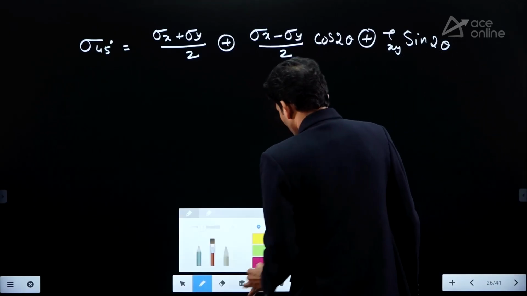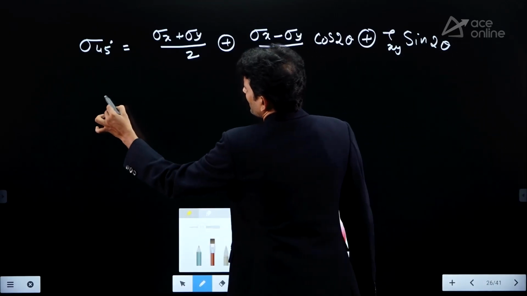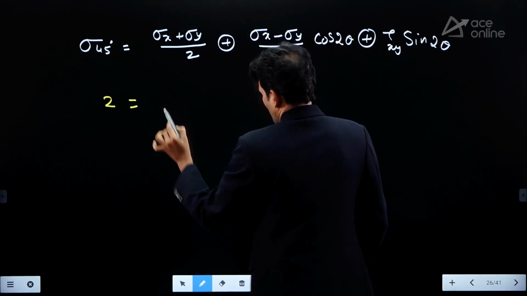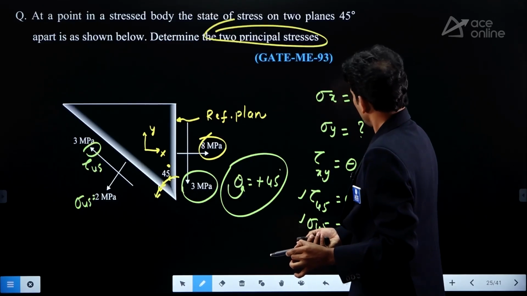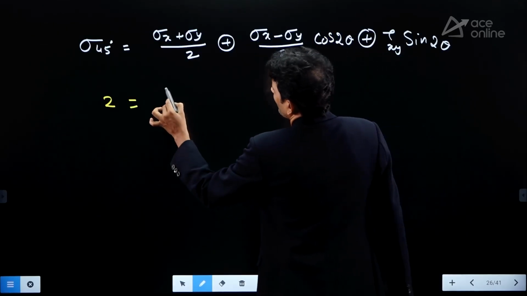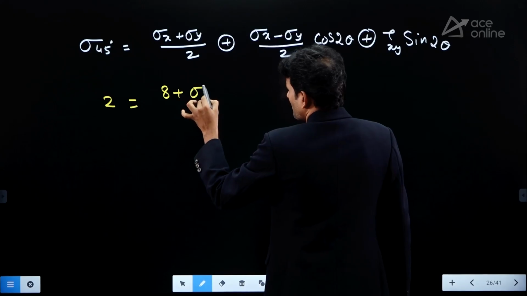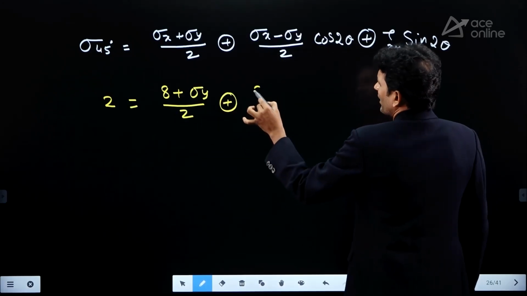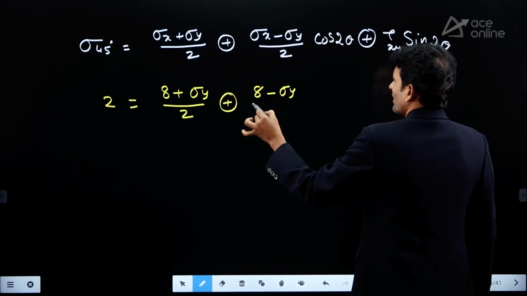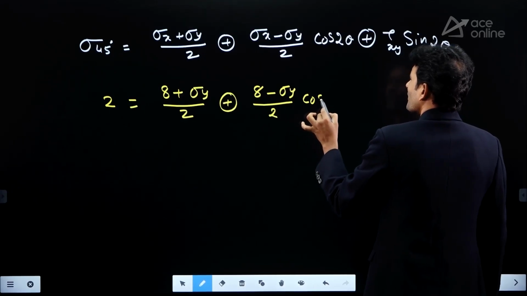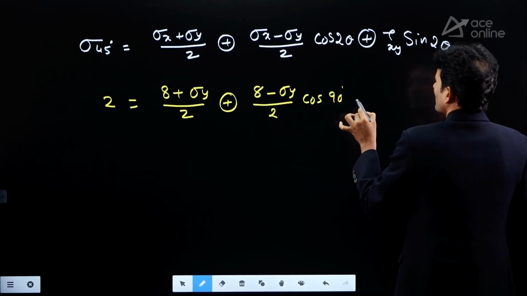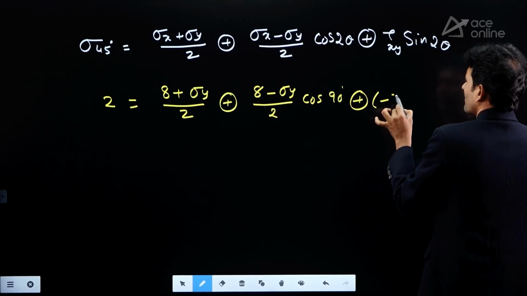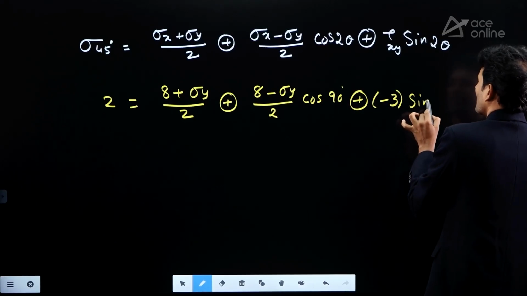What is sigma 45? It is given as 2. Sigma x is 8. Sigma y we need to find out. So 2 equals 8 plus sigma y divided by 2, plus 8 minus sigma y divided by 2 cos 90 degrees, plus tau xy, minus 3, sin 90 degrees.